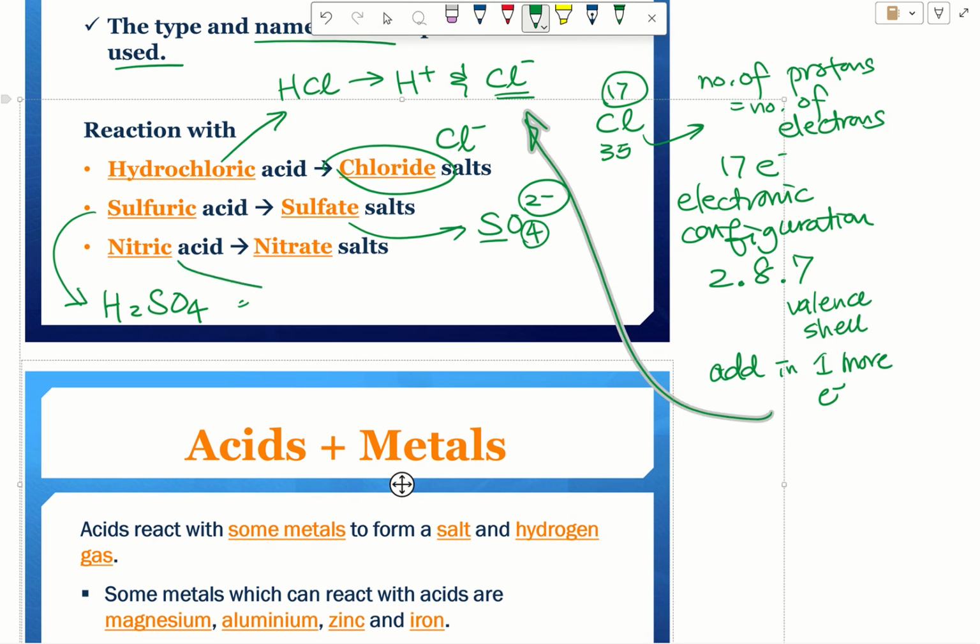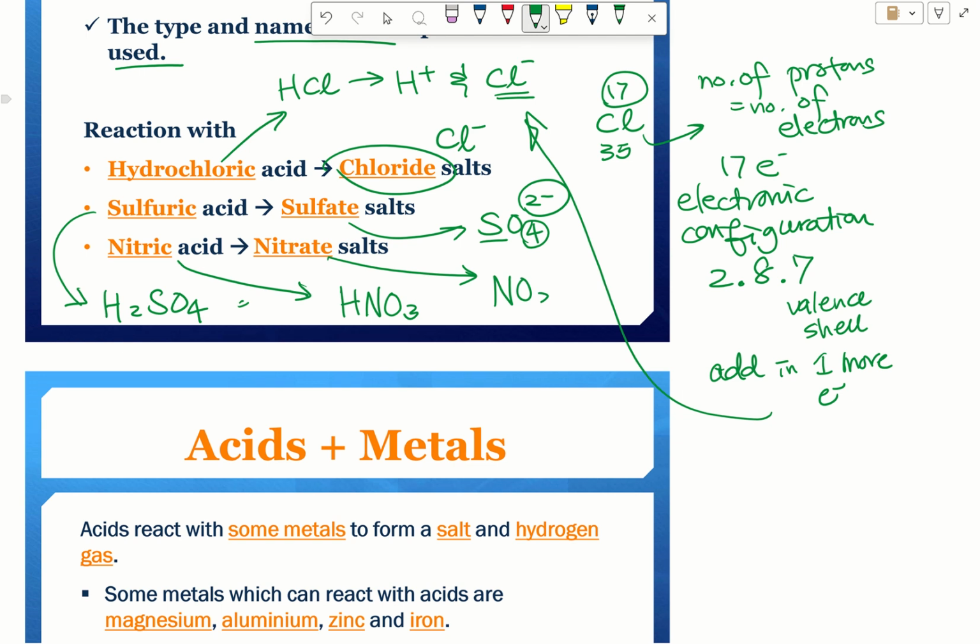The last one is nitric acid. Again, you have to memorize that it is HNO3. Nitrate has this NO3 minus. If you look at the notes that I attached in our Google Classroom, you'll see what a nitrate is. So you need to memorize chloride, sulfate, and nitrate. Chloride is Cl minus, sulfate is SO4 2 minus, nitrate is NO3 minus.